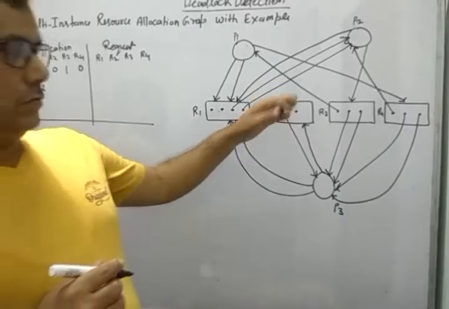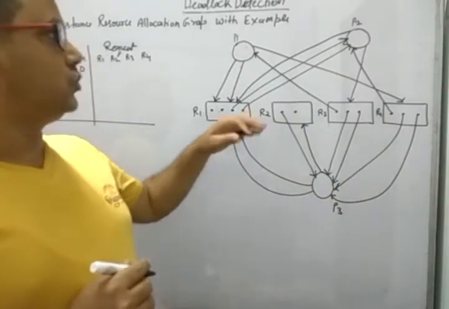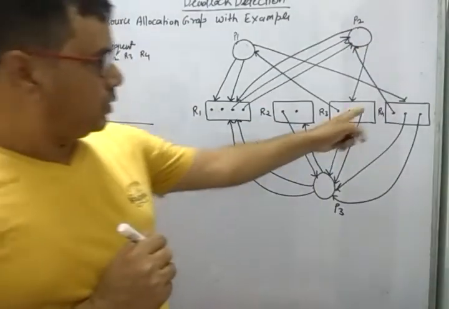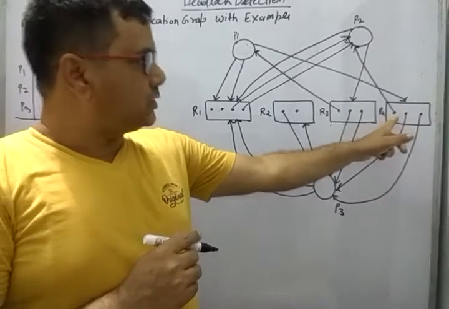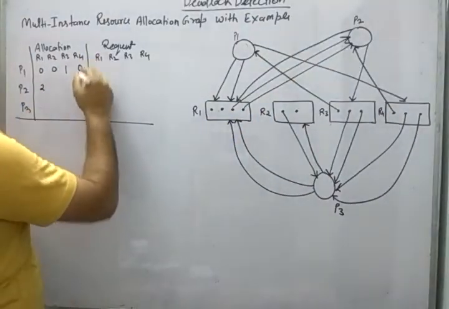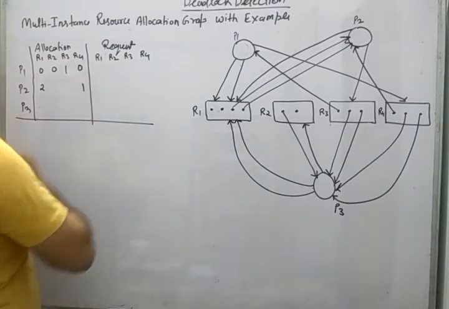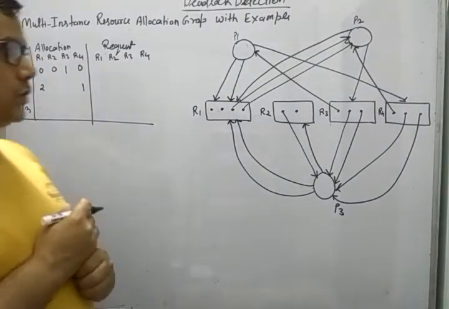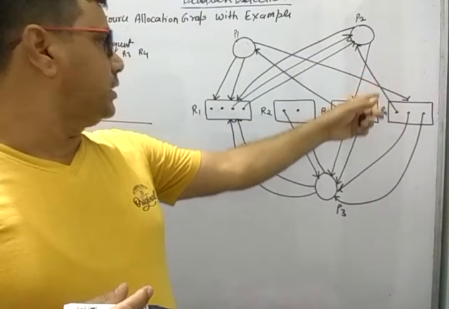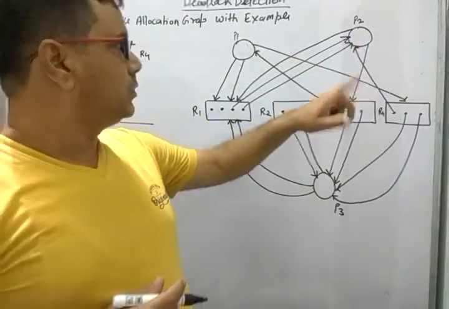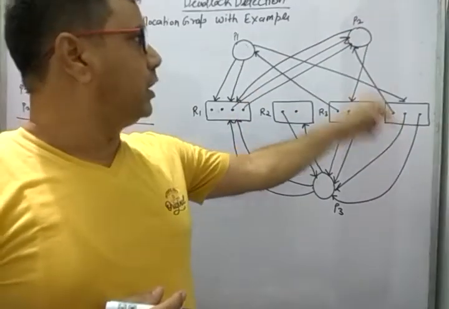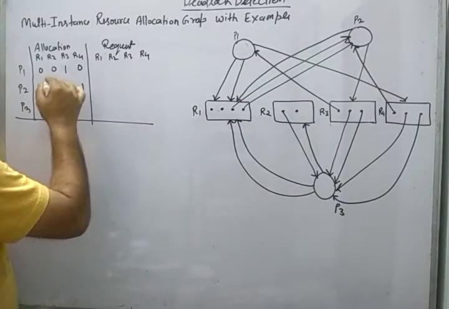Now we will see if any others are also assigned. 1 instance of R4 is also assigned to the process P2. And no other resource is assigned to the process P2. Only 2 of R1 and 1 of R4, and it means the others are 0, 0.